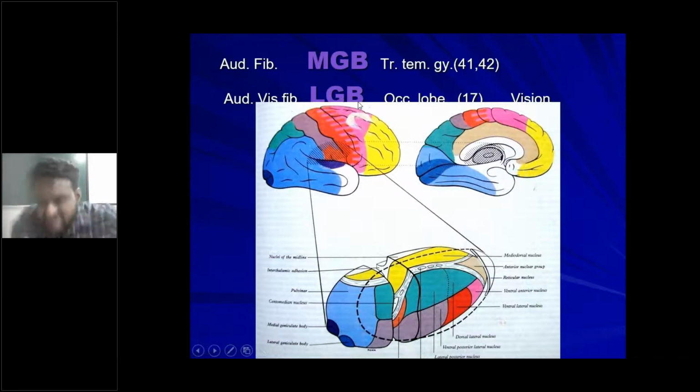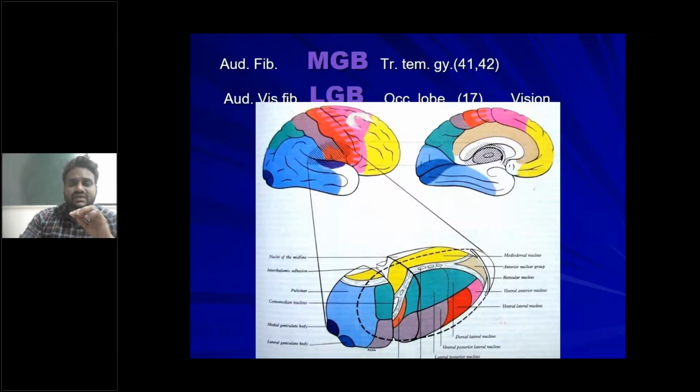Efferent fibers from the medial geniculate body reach the temporal gyrus on the temporal lobe. Efferent fibers from the lateral geniculate body relay within the striate areas of the occipital lobe. So the medial geniculate body is concerned with the auditory pathway, and the lateral geniculate body with the visual pathway.